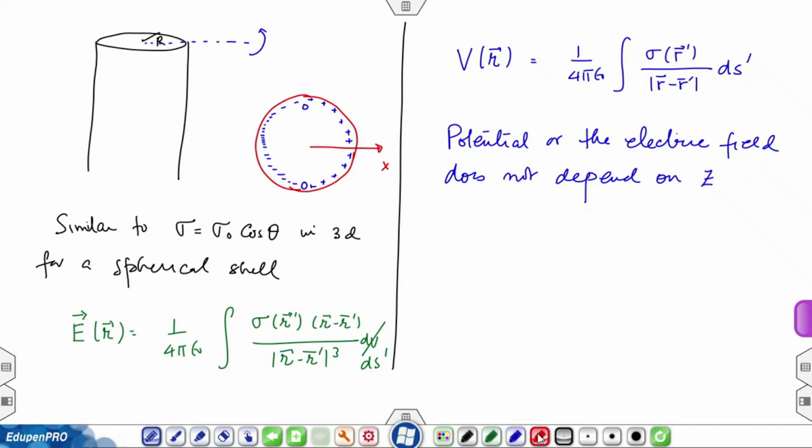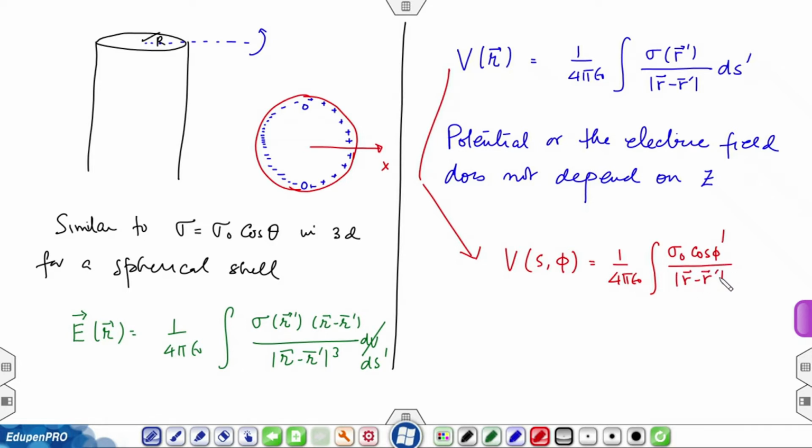If I were to write the formula for V, that is simpler to calculate, I am going to write V at s, and it will depend on phi, is equal to 1 over 4 pi epsilon 0 integral of sigma, which is sigma naught cosine of phi prime, over whatever that modulus r minus r prime is, d s prime, and recall that d s prime is now over the cylindrical surface, and this elemental area formula I have already written.